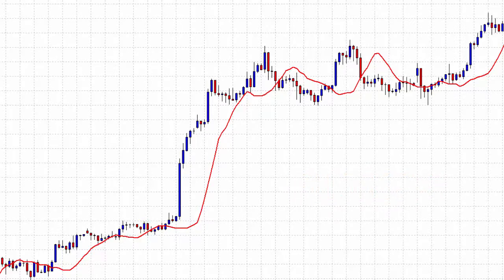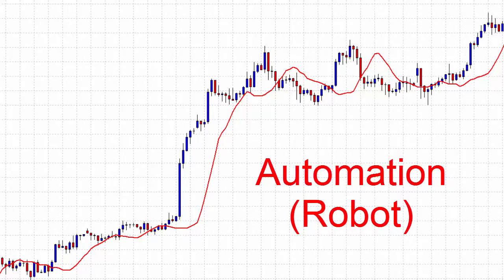So what we've done is we've automated this whole process into a trading robot or an expert advisor, which is part of this course. What the expert advisor does is it allows us to firstly test some of our settings, and it also allows us to optimize some of the settings.